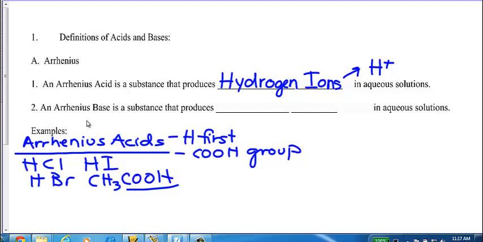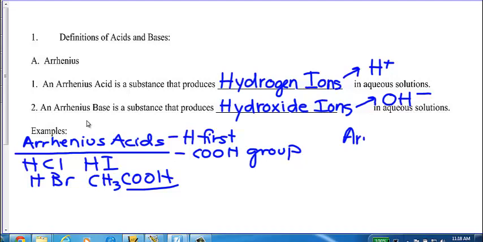An Arrhenius base is something that produces hydroxide ions in solution as the only negative ion in solution, which is OH minus. So an Arrhenius base is pretty easy to recognize because it's a metal with OH.